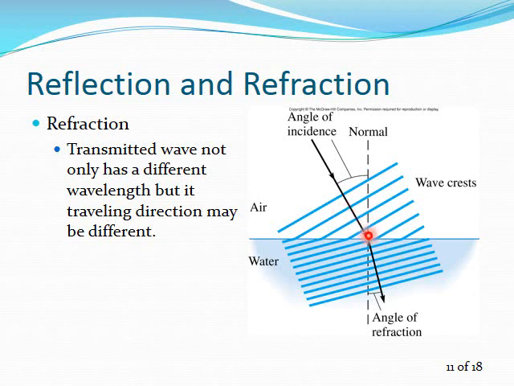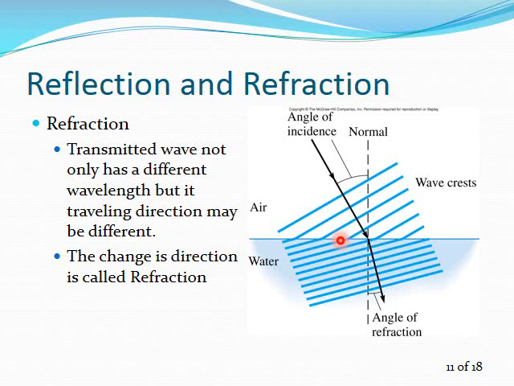Now, it doesn't just change its wavelength. It'll also change the direction the wave is traveling. And this change in direction is what we call refraction. And you can get an angle of refraction and an angle of incidence, where the normal is a line perpendicular to the boundary of the two mediums.